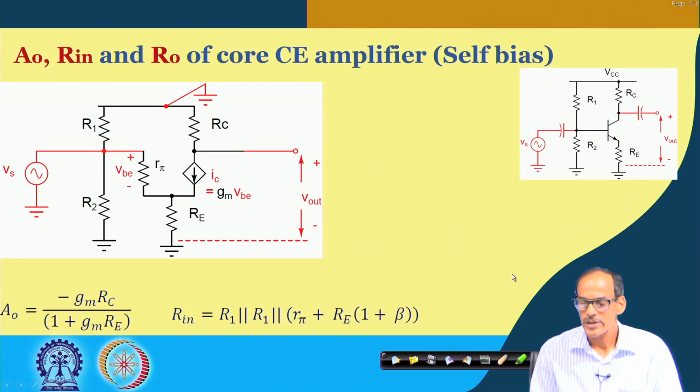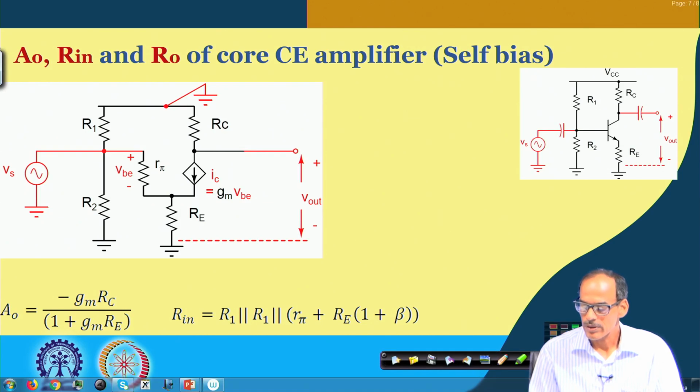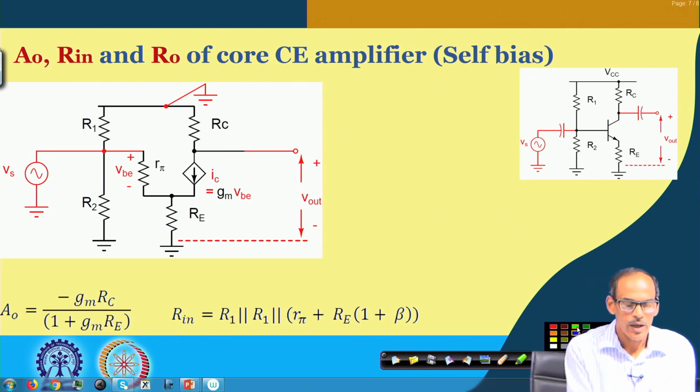Yes, so this is the core part of the circuit, and as I said, the signal we are directly feeding here at the input, and the output you are observing at this point.